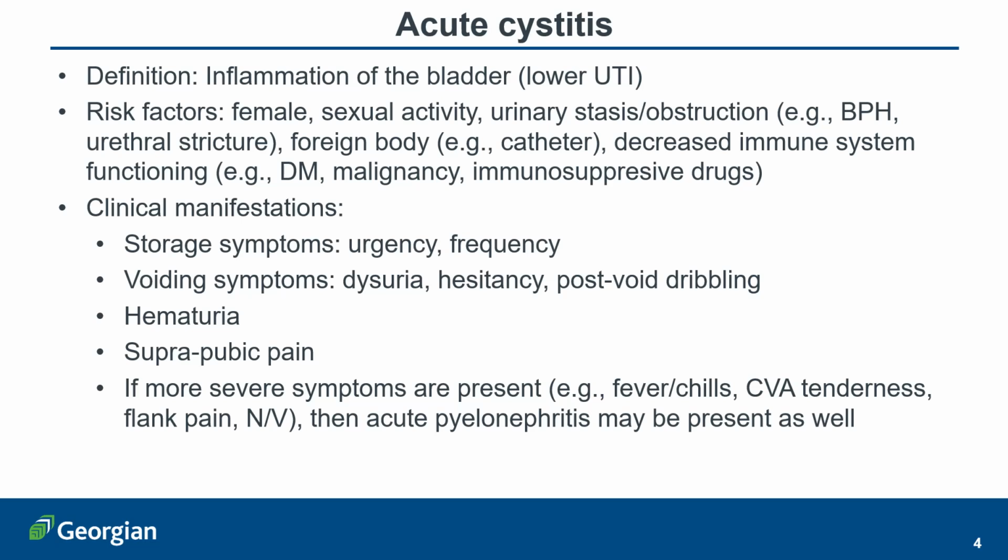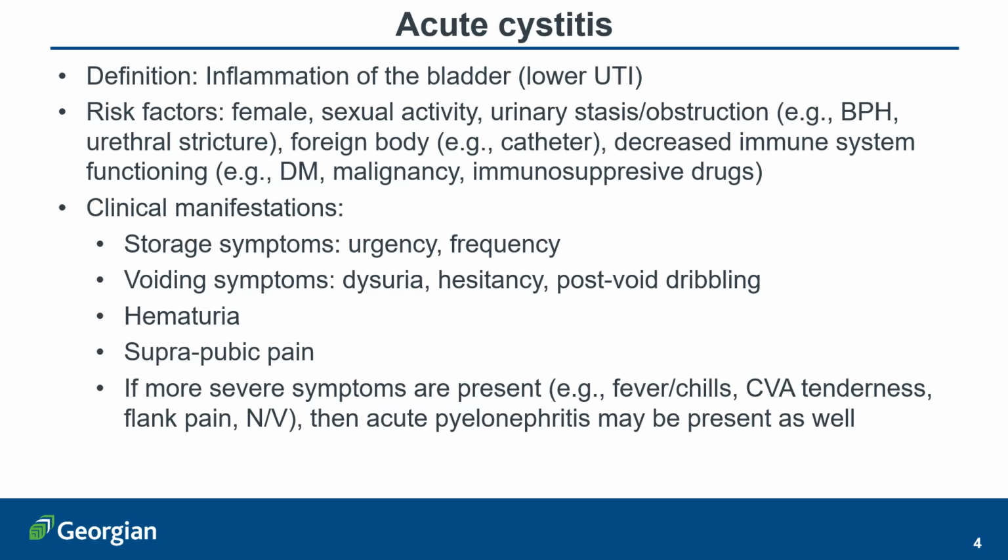Hematuria may or may not be present. It's usually present, and that's explainable because you have the inflammation of the mucosa of the bladder, which is going to damage those cells, the transitional epithelial cells, if you remember from ANP, and that can cause hematuria.